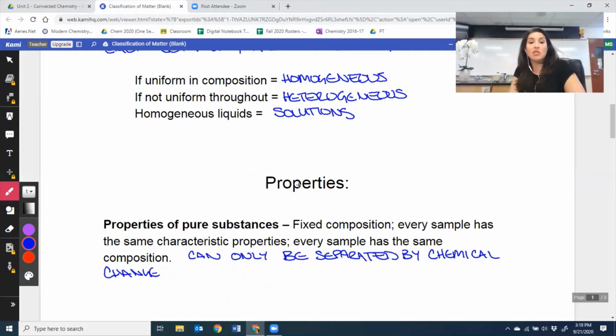And chemical change, an example of that is the breaking and forming of bonds. So the only way to separate a pure substance is by breaking bonds.